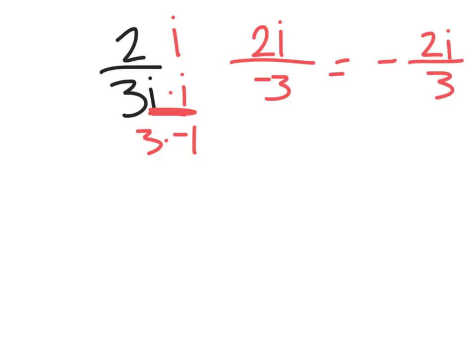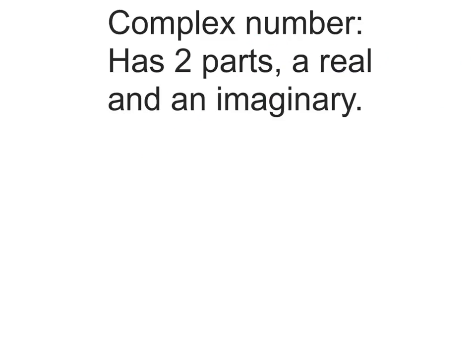I almost forgot to mention a very important thing, what a complex number is. We already know that the square root of negative 1 is i, which makes it imaginary, but what's a complex number? A complex number has 2 parts. It has a real part and an imaginary part, okay?